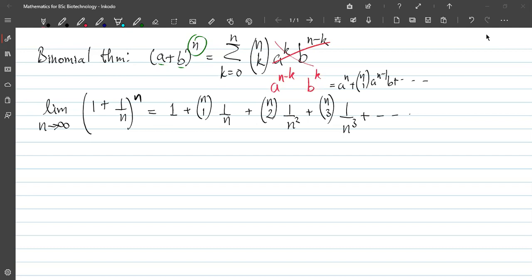So the second term will be nc1, a to the n minus 1, b. Oh yeah, third term is, yes, 1 upon n square, nc2, a to the n minus 2, b square. So yeah, and so on. Okay.